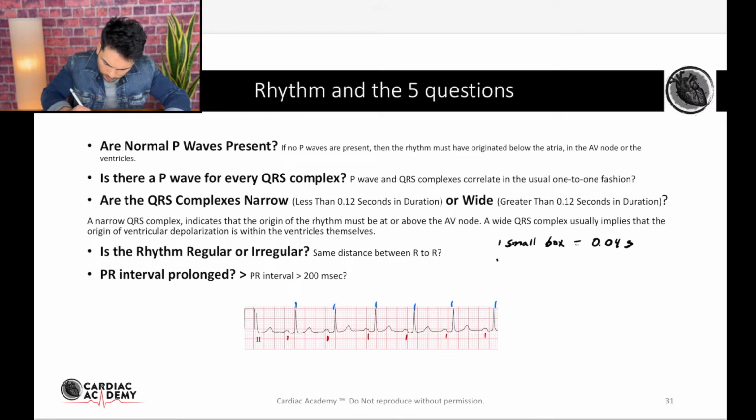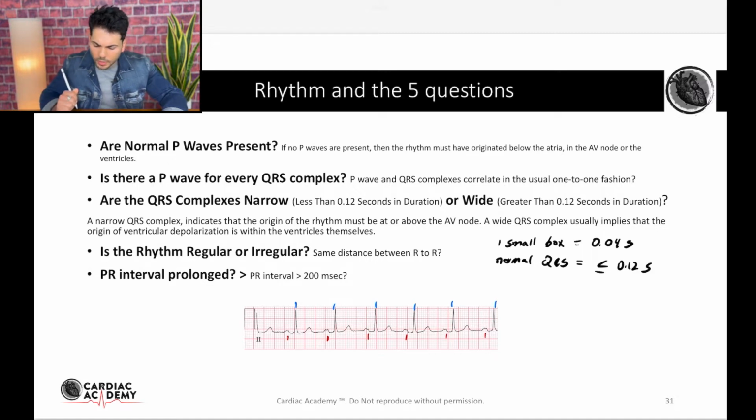So normal QRS equals less than or equal to 0.12 seconds. So that means that a normal QRS shouldn't measure more than 3 small boxes. So equals 3 small boxes.